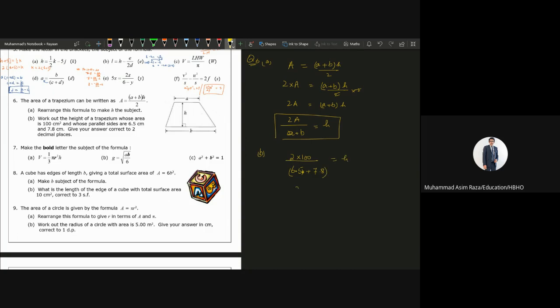We can write down that it is 200 over 6.5 plus 7.8, which is 14.3. So 14.3 is equal to h. So I think 14 will be the answer. It will be something closer to 14 centimeters. That could be the answer.